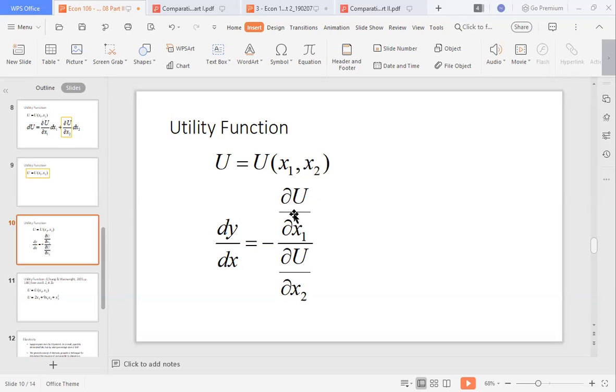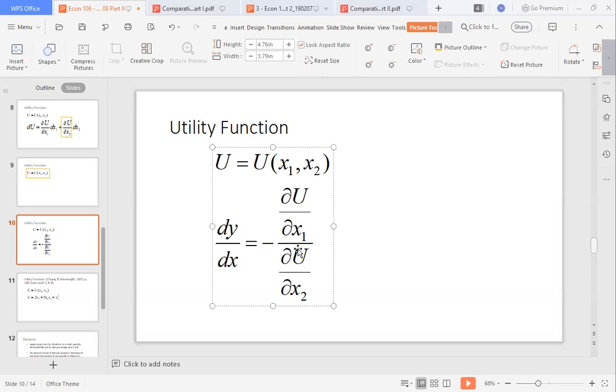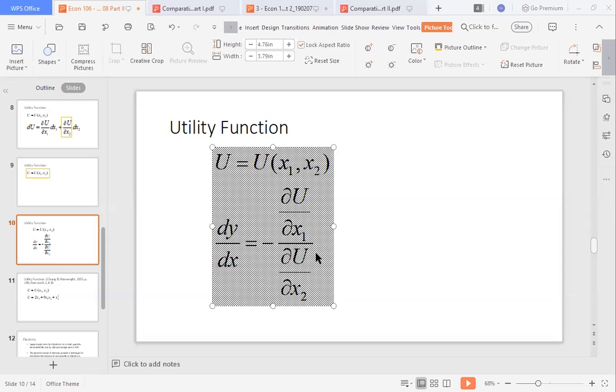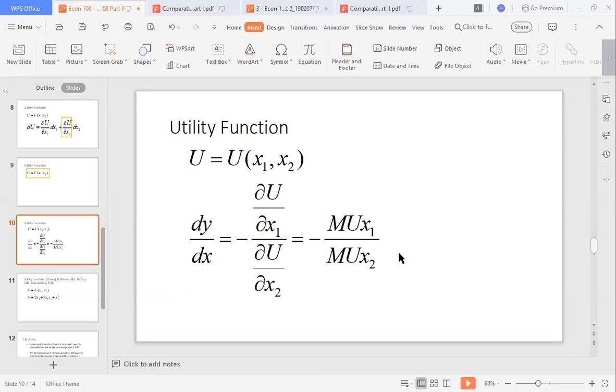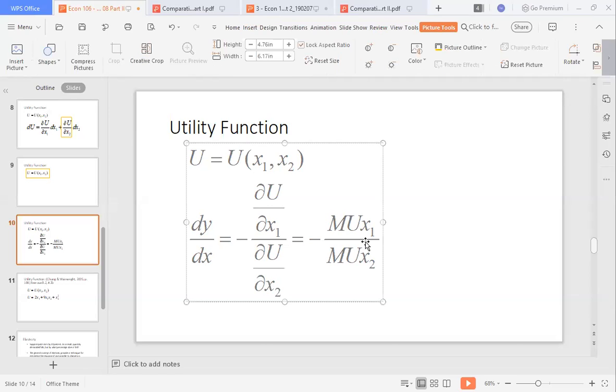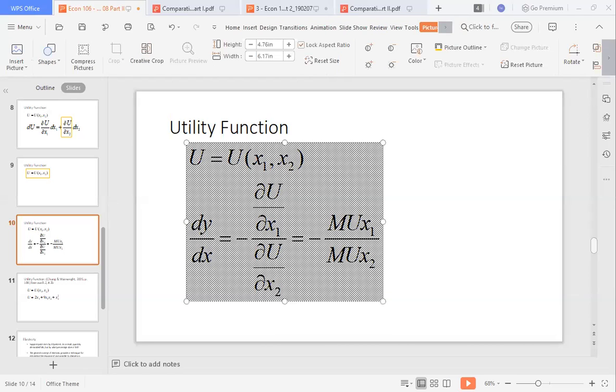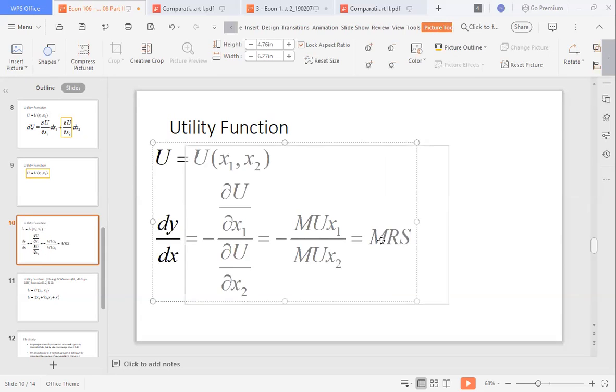So that's partial u partial x sub 1 over partial u partial x sub 2, which we can write in a compact way as MU sub 1 over MU sub 2. I think you can find this familiar. We can also say that the slope of the indifference curve is just your MRS, meaning your marginal rate of substitution.